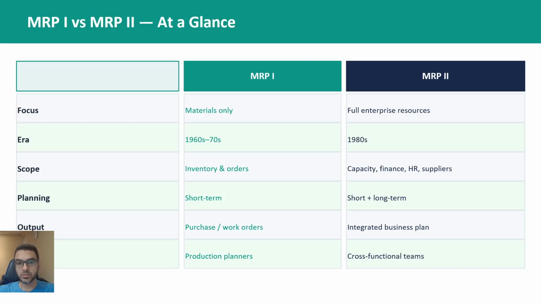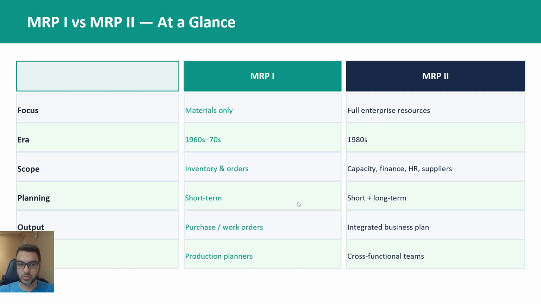To look at both tools in a chart, you can see that MRP I focuses on the materials only, while MRP II focuses on the full enterprise resources. The scope of MRP I is solely on the inventory and orders, while the MRP II adds to it capacity and finances.